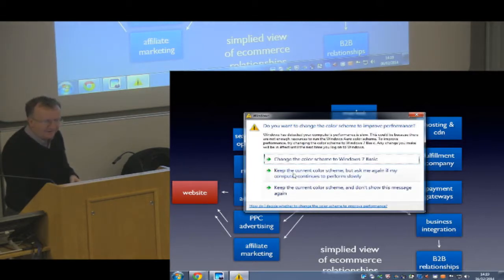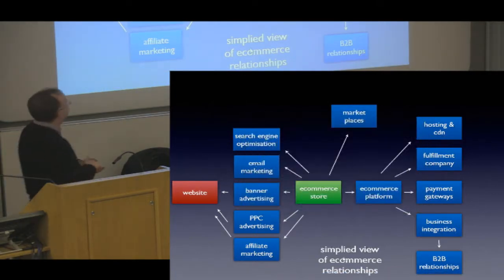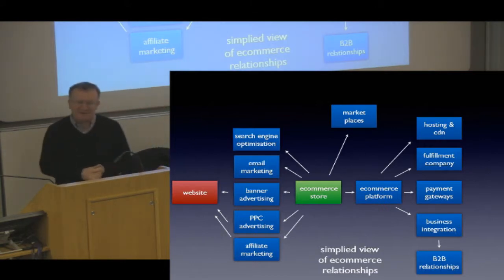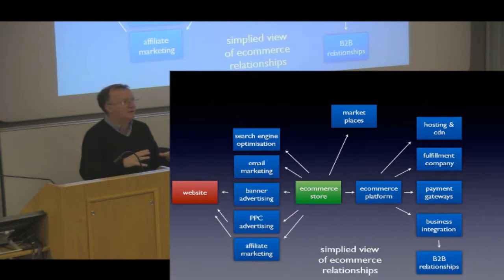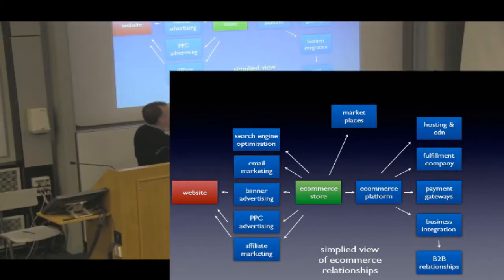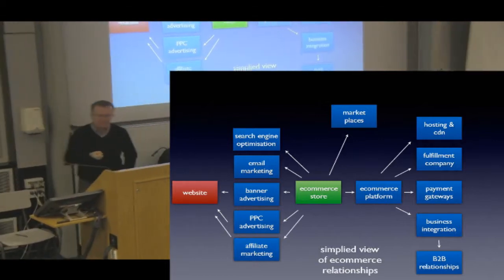All right, fine. What I want to try and convince you is that the store is a lot more than just a website with a shopping cart on it. So what I suggested around the outside is that there are a lot of other things going on here.